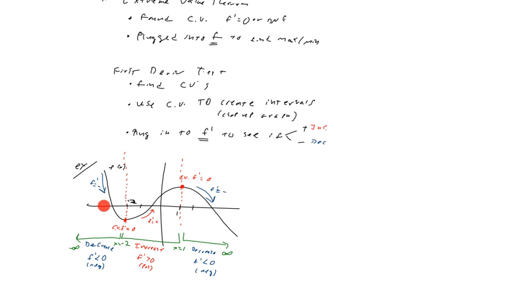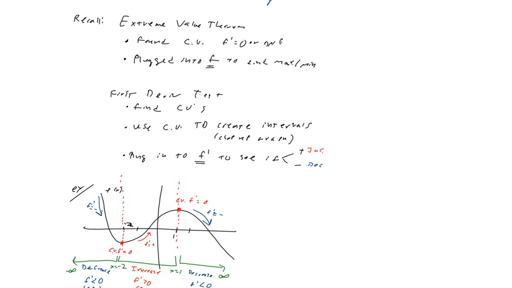So you find the critical values, and use the critical values to make sections of your graph. Very similar to what we did for the extreme value theorem, right? In the extreme value theorem, you found these points. You made your chart with these points, and you determined by plugging into f which was the highest point, which was the lowest point, right? Because those critical values are the only spots where it reaches a max or a min potentially.